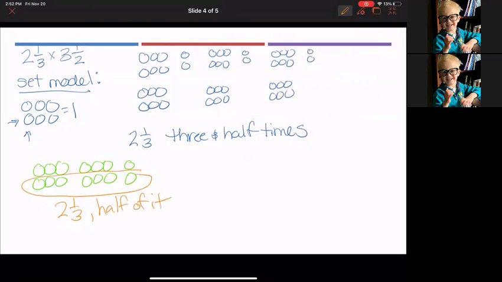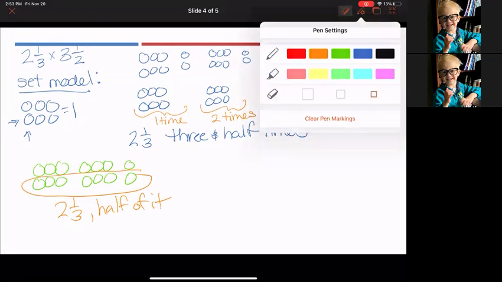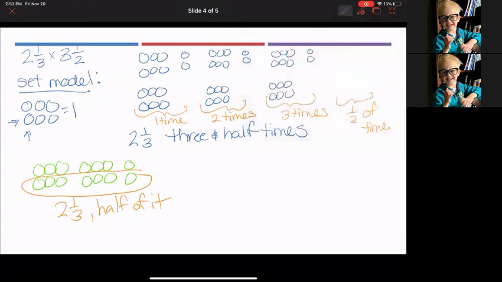So we take half of it. So we have 2 1/3 1 time, 2 1/3 2 times, 2 1/3 3 times, and now we have it 1/2 of a time. Actually, maybe I'll do this in blue, keep it all consistent. We kind of take that top row of each of these here.